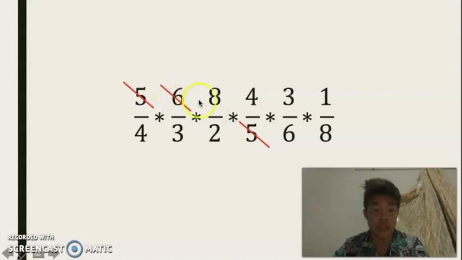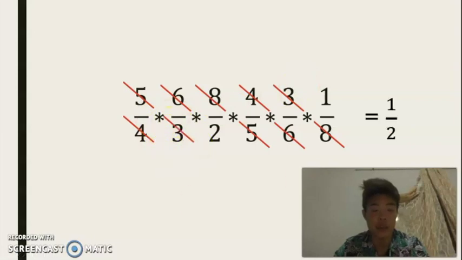The 6 here also cancels out with the 6 in the denominator. The 8 here in the numerator cancels out with this 8 in the denominator. The 4 here cancels out with this 4. And this 3 in the numerator cancels out with this 3 in the denominator until you are left with 1/2. So as you can see, by solving the problem in this way, we can solve it without using a calculator, which makes it much more simple.